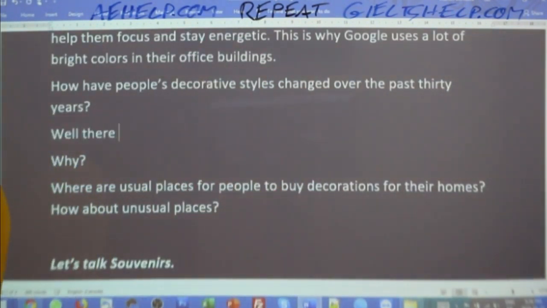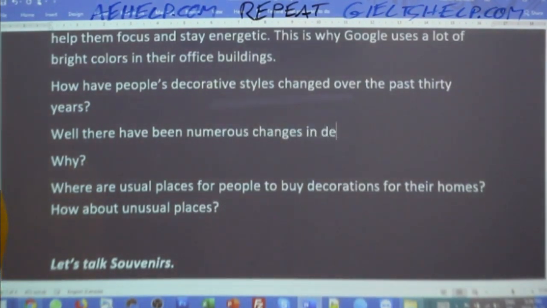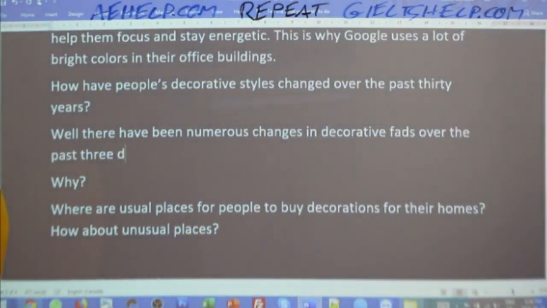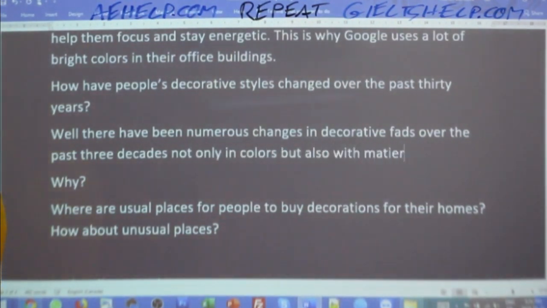Well, there have been numerous changes in decorative fads over the past 3 decades, not only in colors, but also with materials.